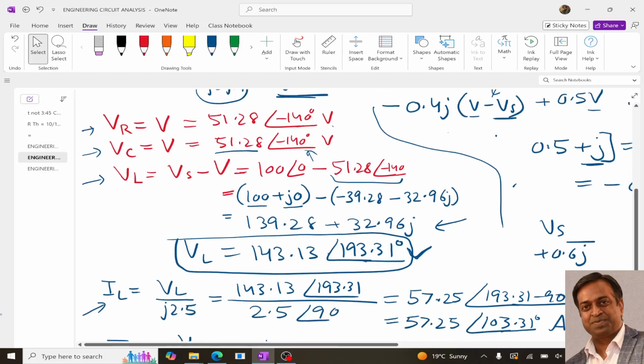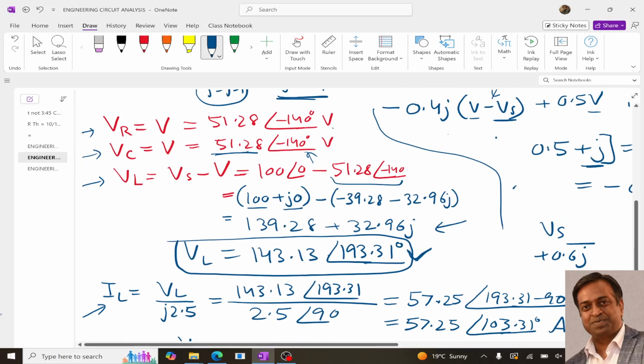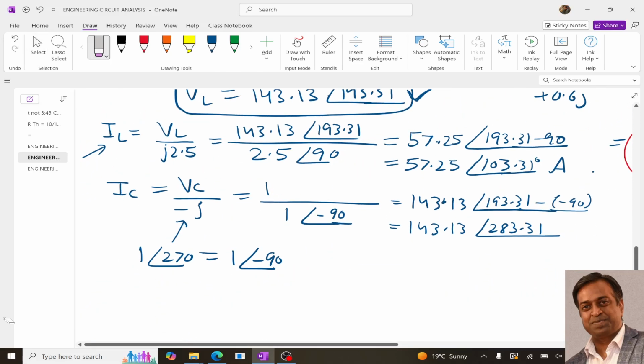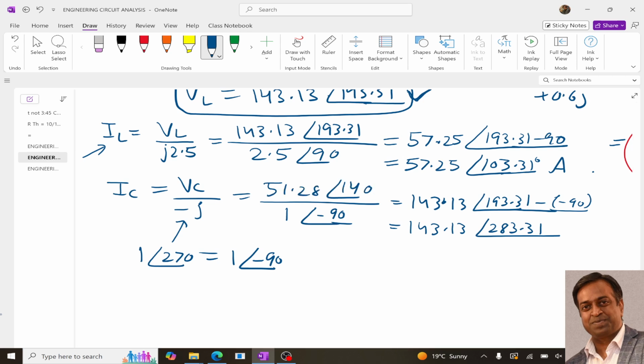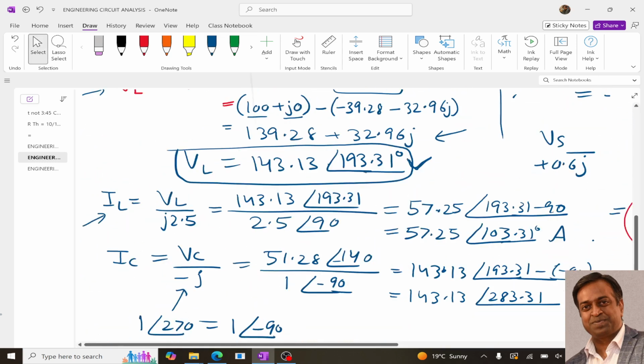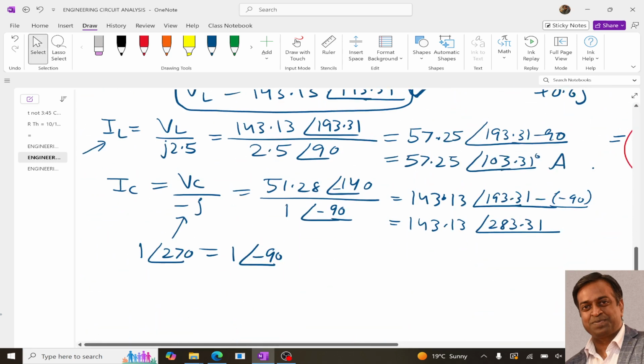It is 51.28, angle is minus 140, right? Yes.